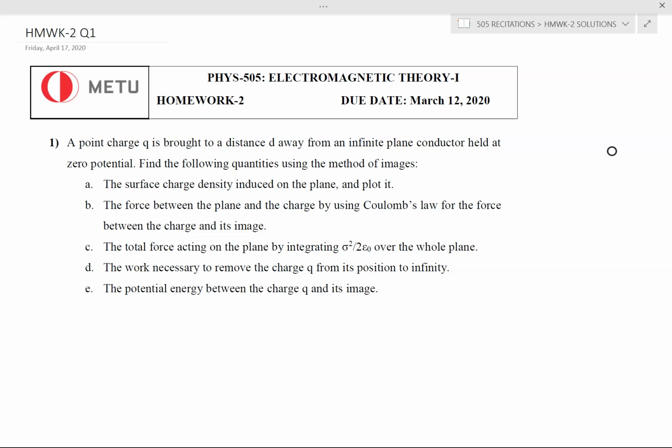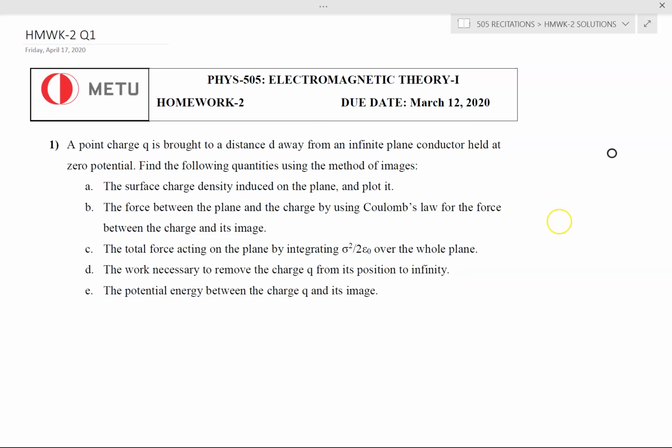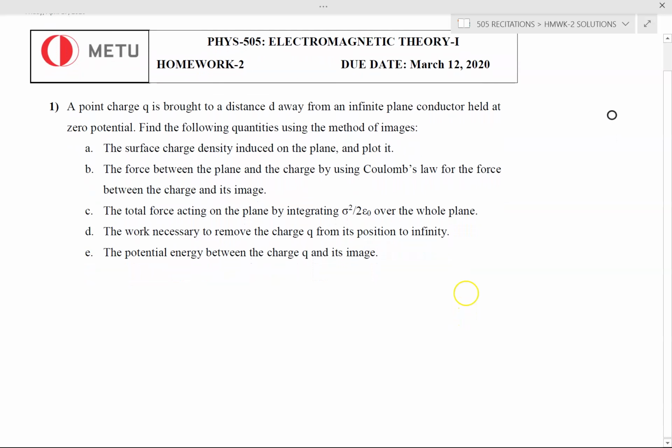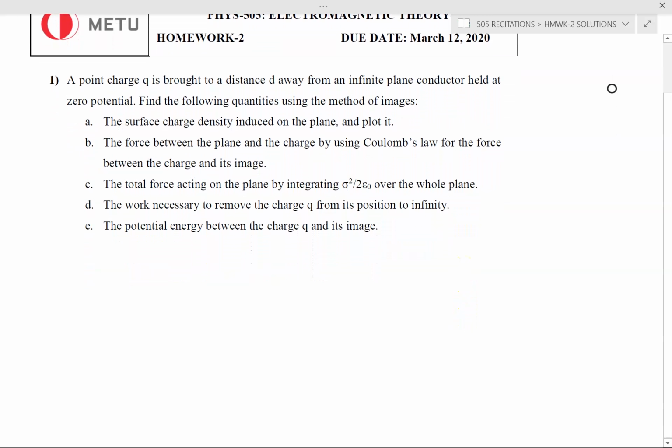Here, I'm already assuming that you have read the problem beforehand. You can also go over it quickly. Here we have an infinite plane, and above that infinite plane we have a charge at a distance of d, whose charge is q.